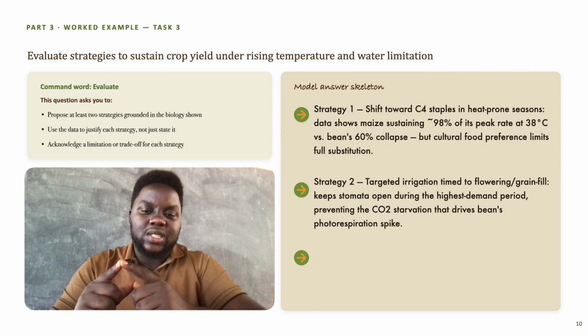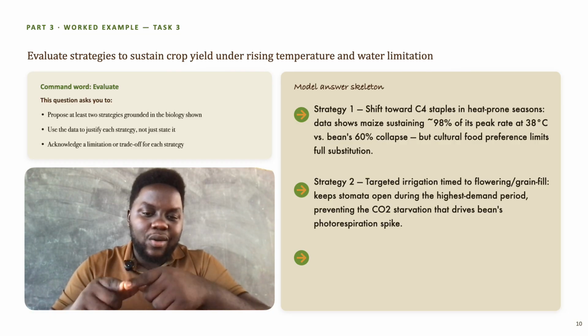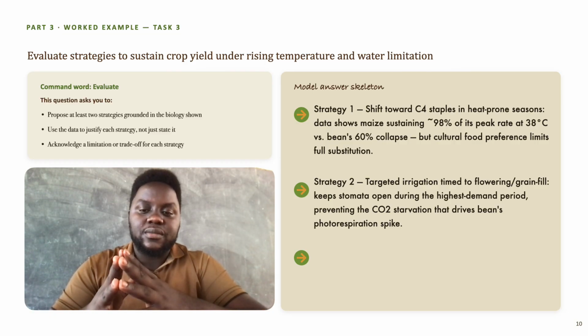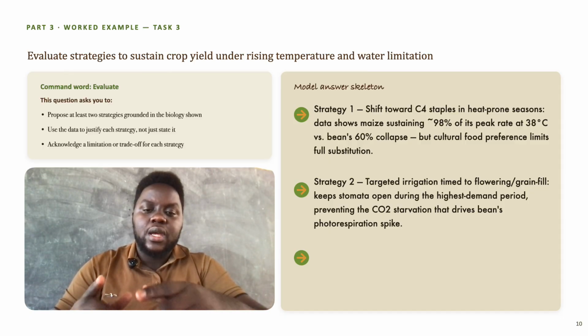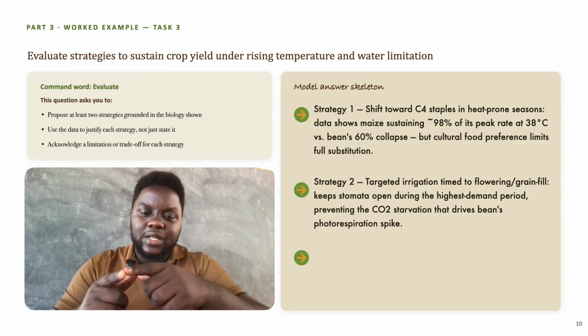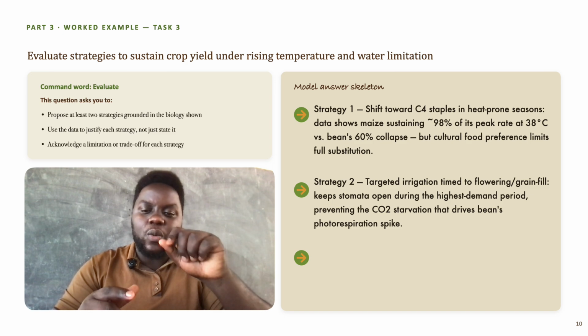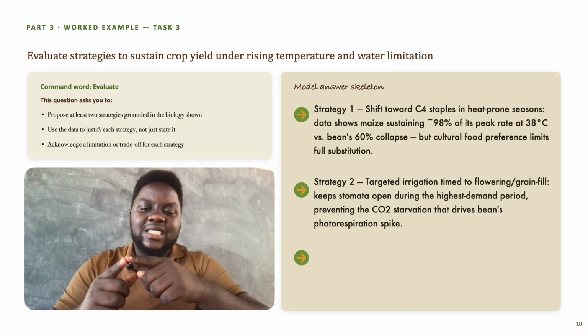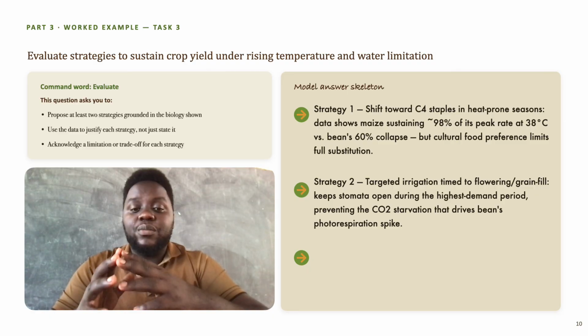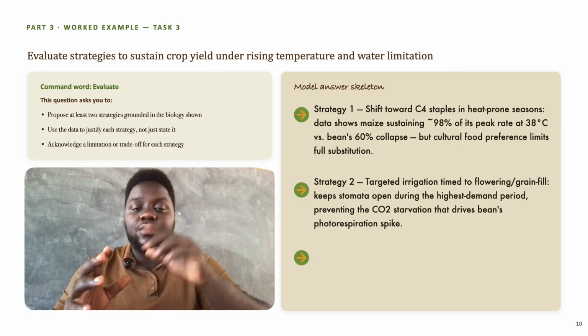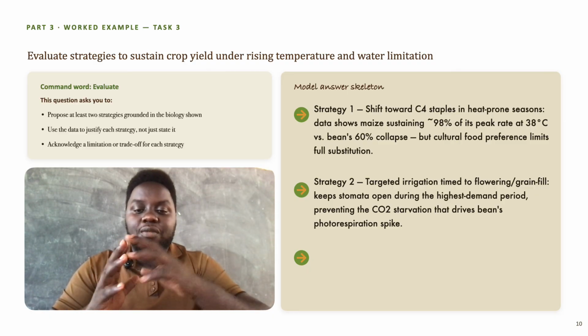targeted irrigation, timed specifically to flowering and grain-filling stages, rather than irrigating uniformly across the whole season. Why this specific timing? Because keeping stomata open during the plant's highest demand period prevents carbon dioxide starvation and will prevent the beans' photorespiration spike in the first place.